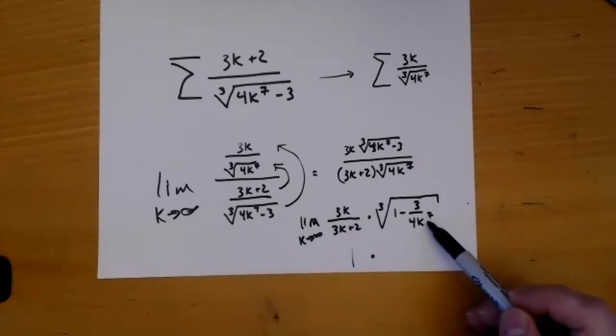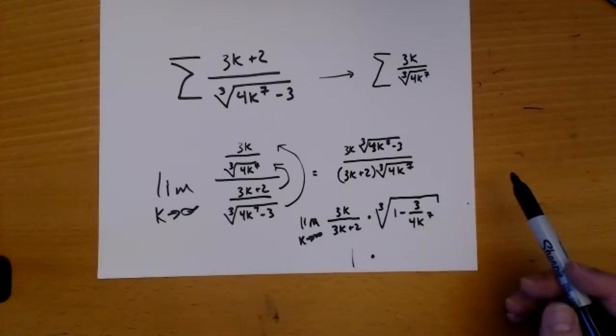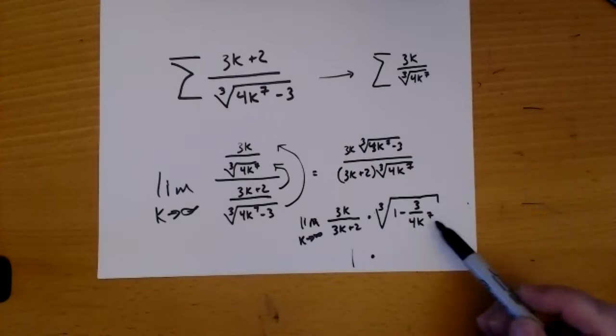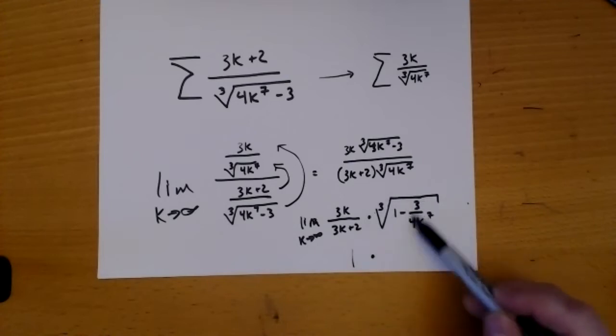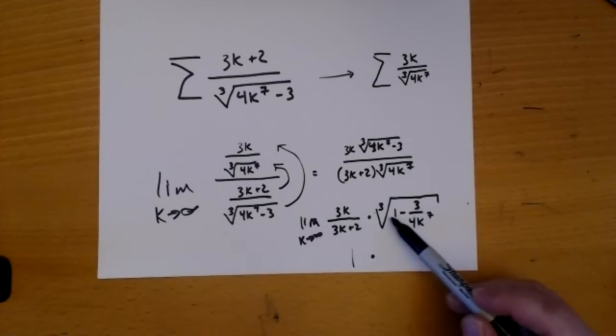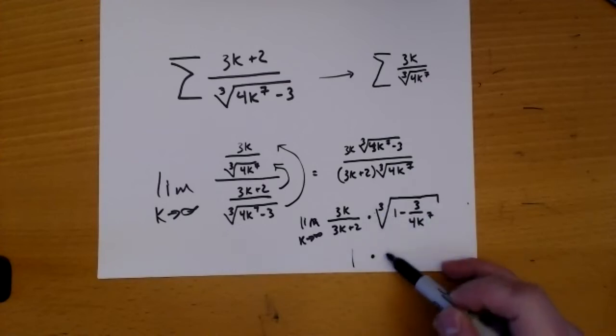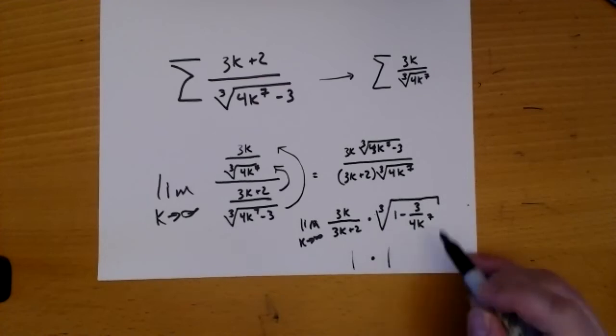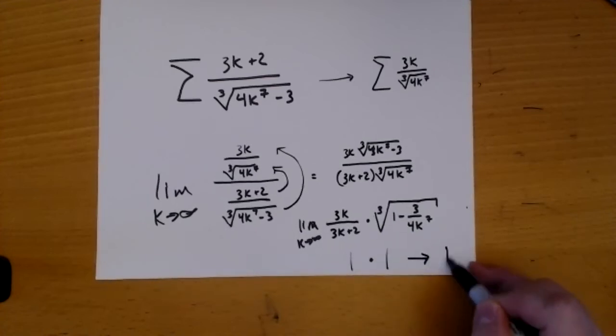My denominator, my k in my denominator just got huge. So would it be 0 then? The whole thing or just this fraction? Just the fraction. Okay. So I've got 1 minus 0 and the cube root of 1. So just 1 then. So this goes to 1.